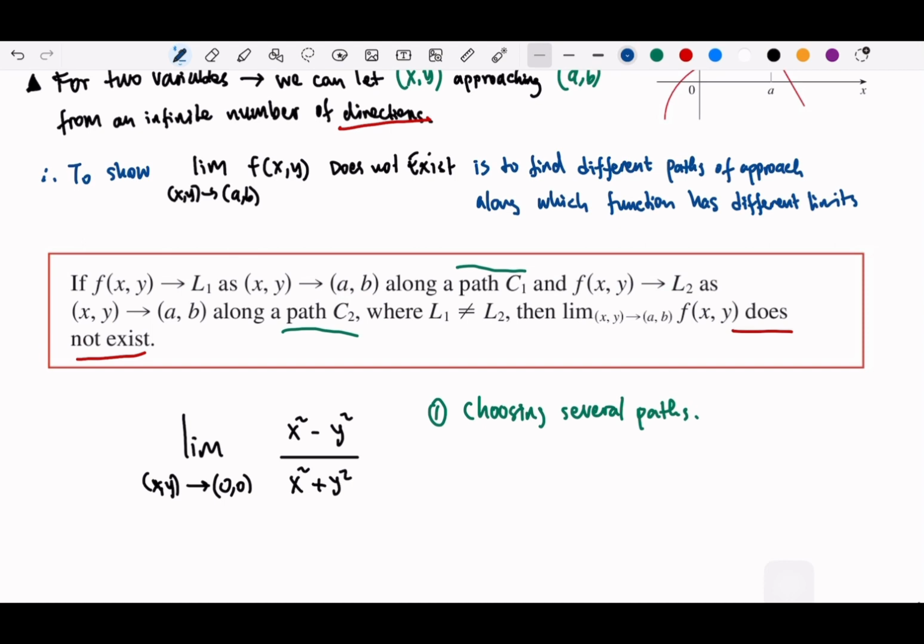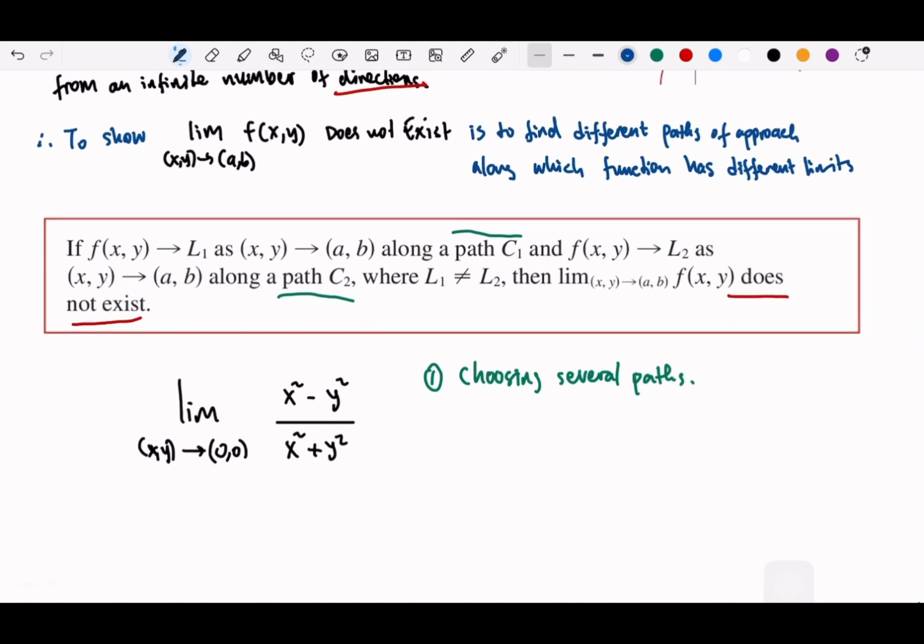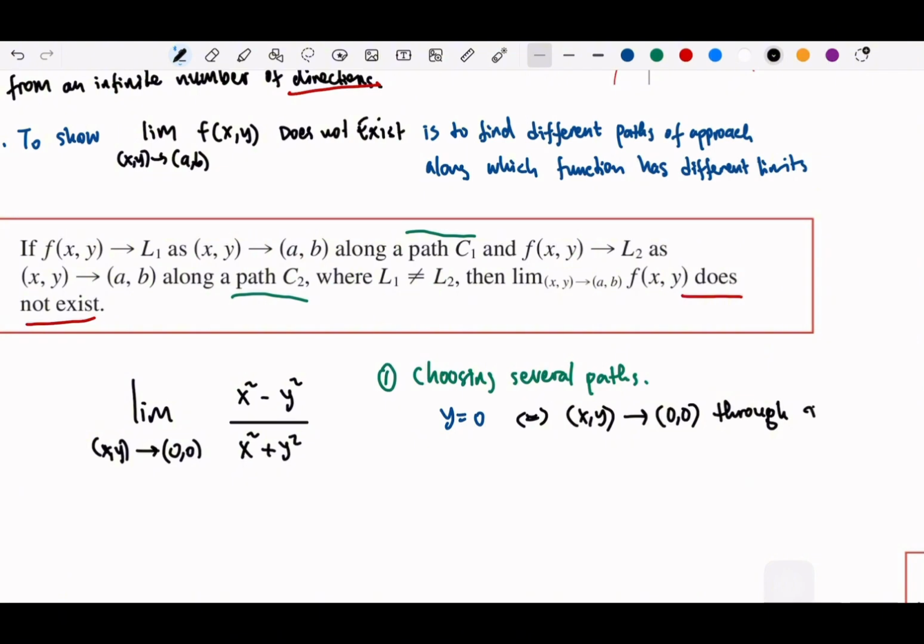For example, we can choose y equals 0. When y equals 0, it means the point (x, y) approaches (0, 0) through the x-axis, right? Which means the function becomes f(x, 0), because we make y a constant 0.